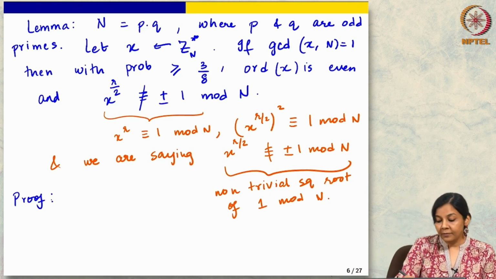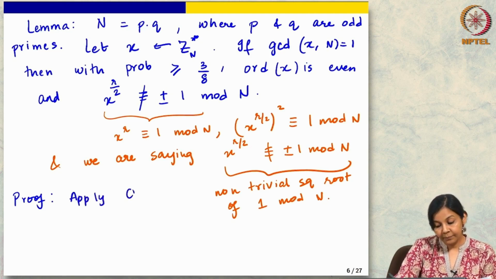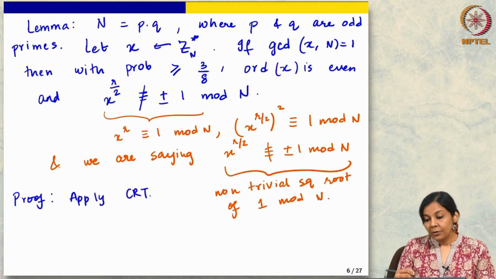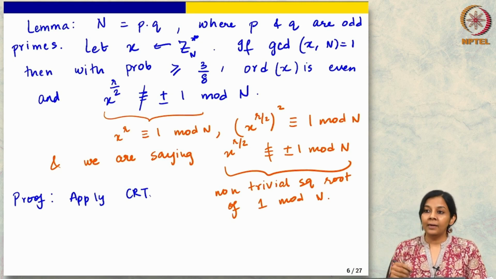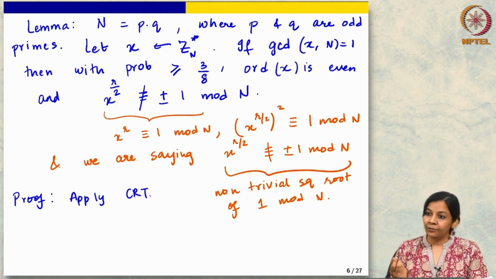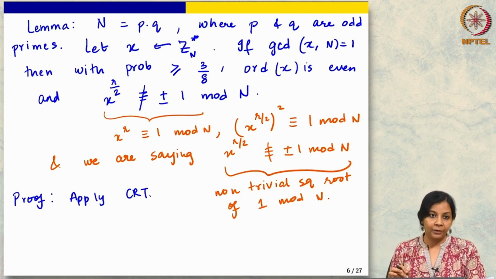First we apply the Chinese remainder theorem. What the Chinese remainder theorem says is that Zn star is isomorphic to Zp star cross Zq star. So in turn this means that sampling an x randomly from Zn star is equivalent to sampling two elements randomly from Zp star and Zq star.